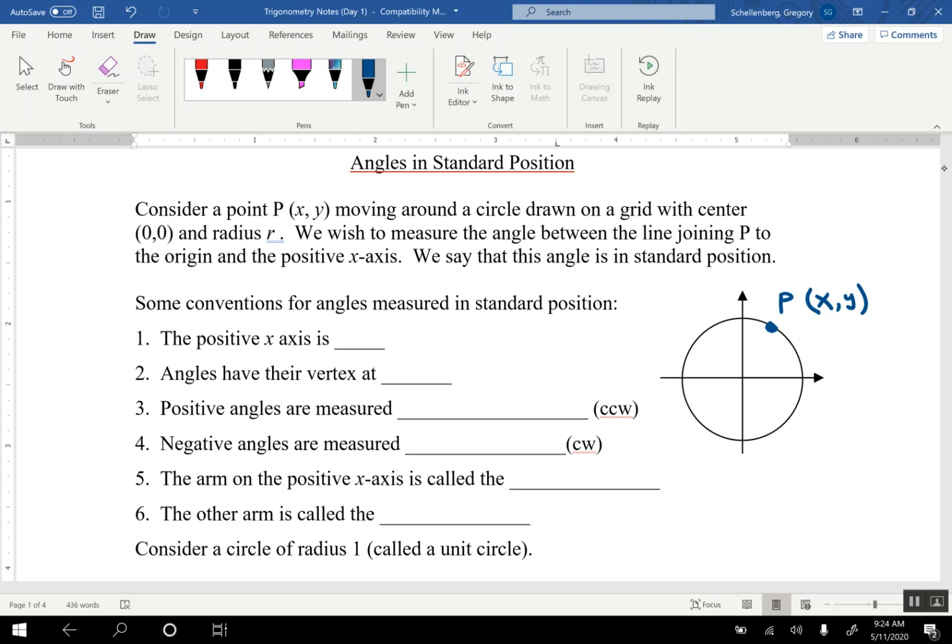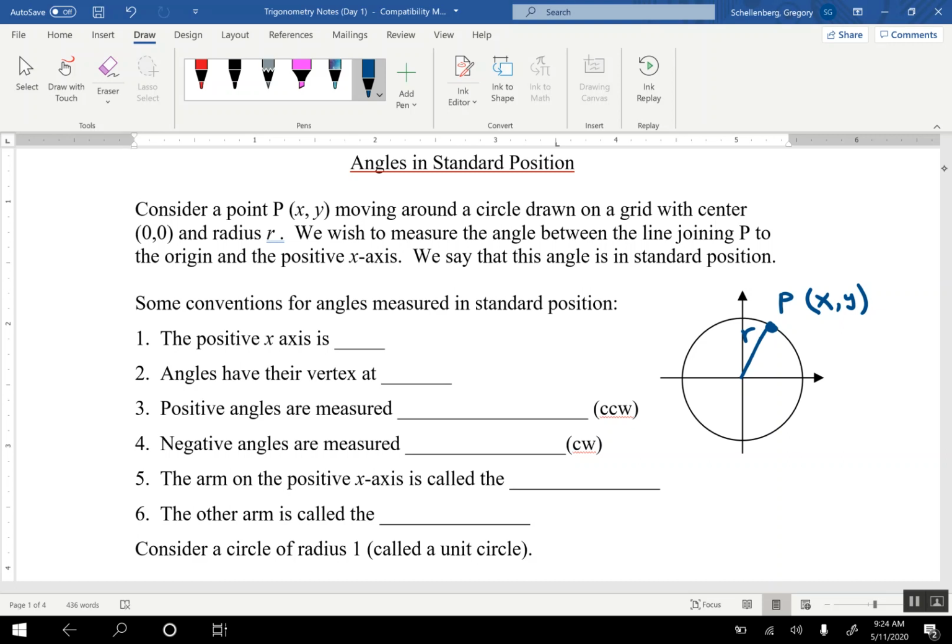And I am going to create an angle here. It's got a radius of length r, and we wish to measure the angle between the line joining P to the origin and the positive portion of the x-axis.